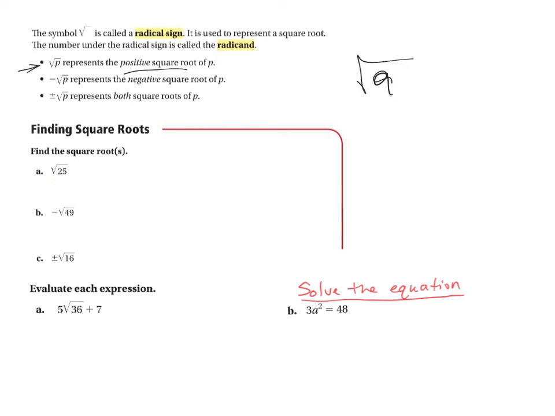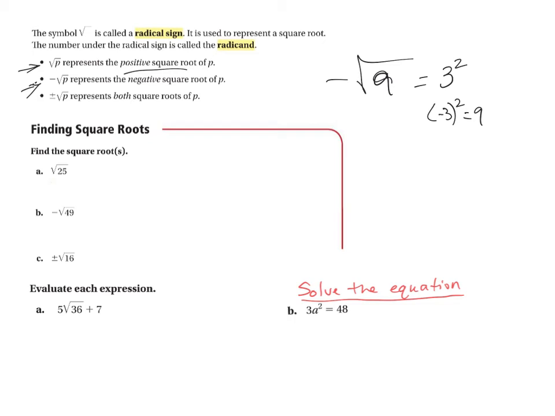And the reason there's a positive square root is because, think about it, the positive square root of 9 is 3, because 3 squared is equal to 9. Well, negative 3 squared is also 9, because two negatives make a positive, right? So if they ask for the negative, then that would be just the negative value.